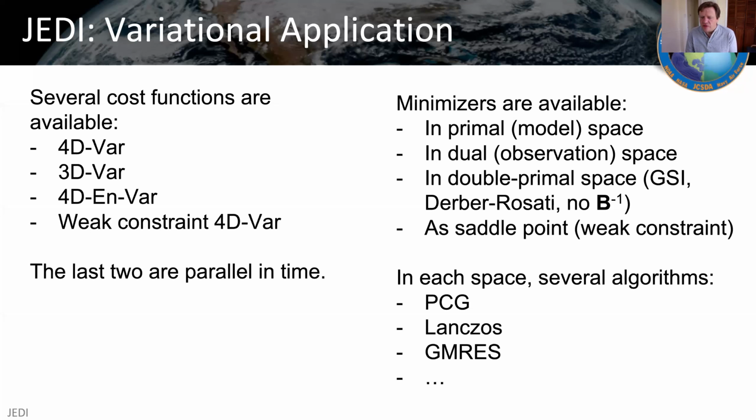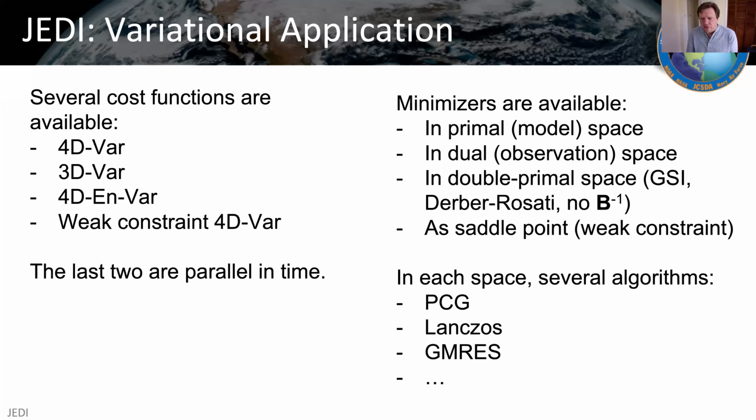Within each of these, primal, dual, or Derber-Rosati space, you can have several algorithms. Typically, we have a preconditioned conjugate gradient, Lanczos, and other algorithms. A whole bunch there. You can go in the code and have a look if you're interested.